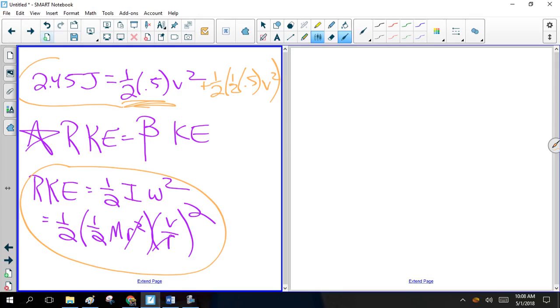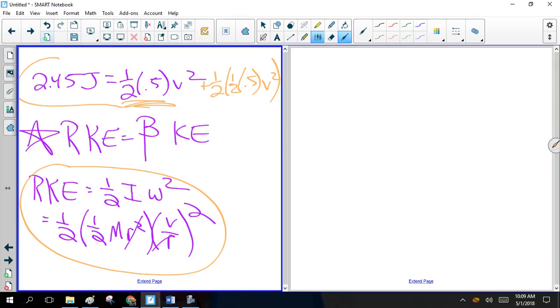Okay, solve for v, and then you can plug your v back in here and find your RKE. There are other ways of doing it, but that's, I think, most closely in line with the way that I've been teaching you guys to do these problems. Good? Any problems? Okay.